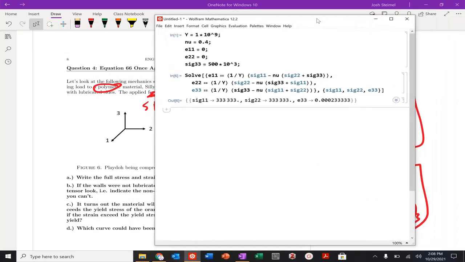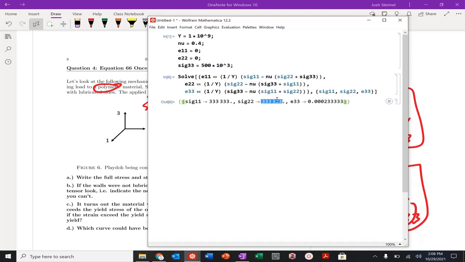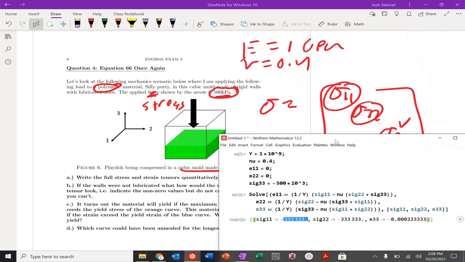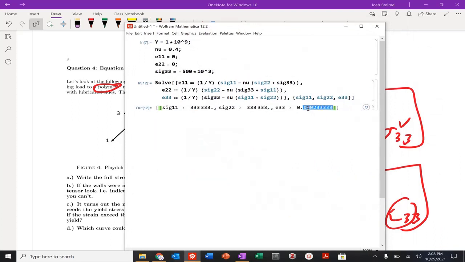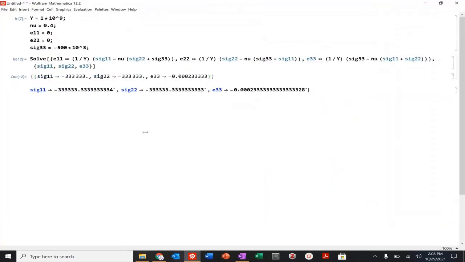So 3-3. Ooh, see my mistake here? Always, is this positive or negative? That should be in compression. Let's solve again. So now, sigma 11, again, my material wants to bounce out, but it's constrained here. My strain here is in the negative direction, so I've got my values. So let's go ahead and plug this in. So this equals to this.